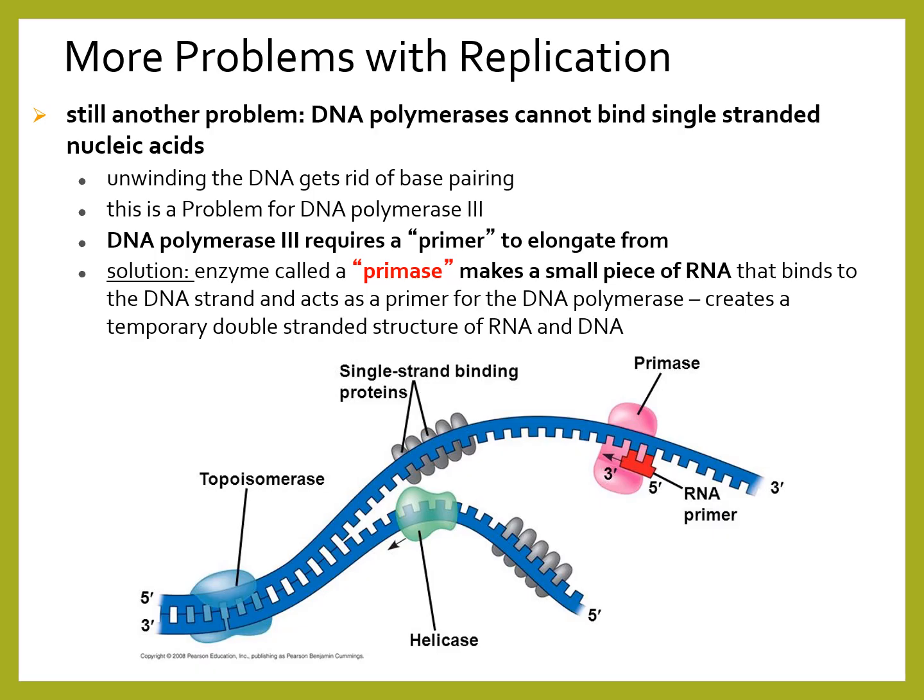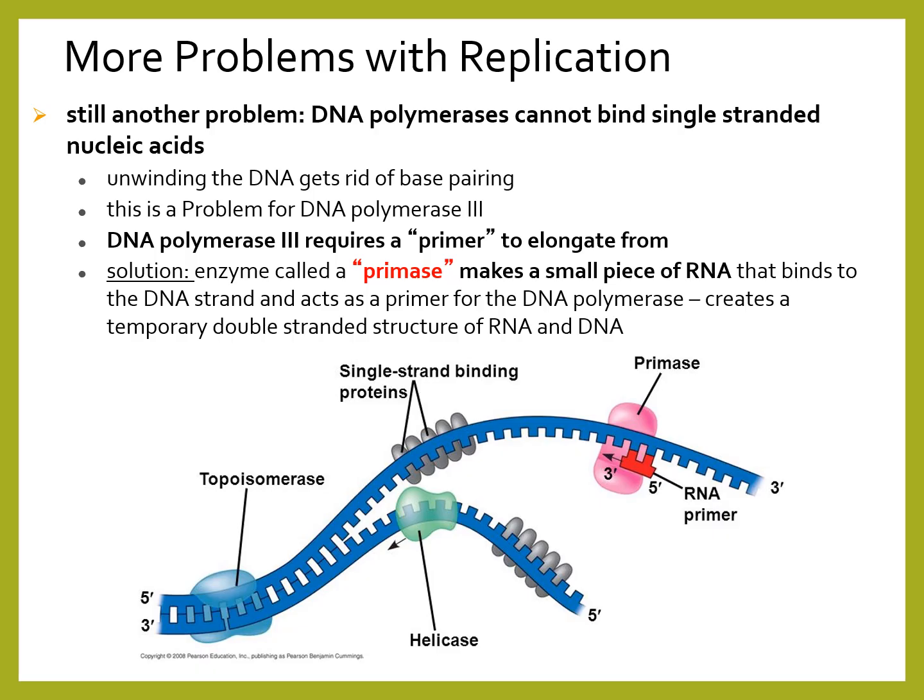The next problem is that DNA polymerases, which are part of that replication machine, can't bind single-stranded nucleic acids. So we've got these two single strands of DNA, and the DNA polymerase III can't bind it. In other words, the unwinding gets rid of the base pairing that our DNA polymerases need.